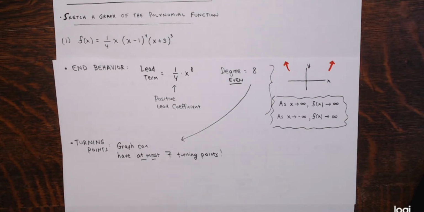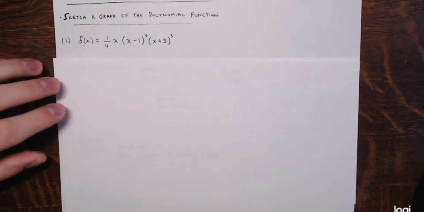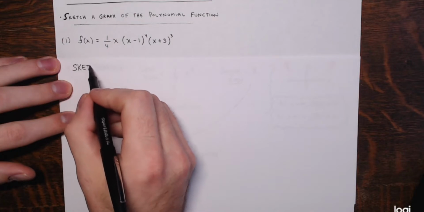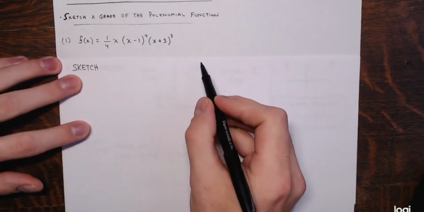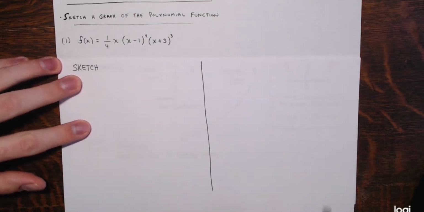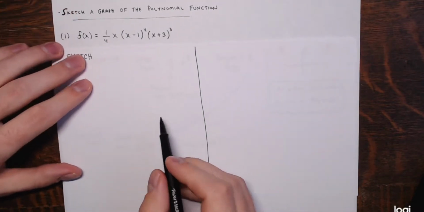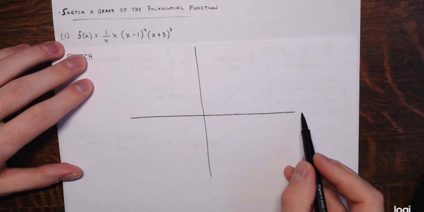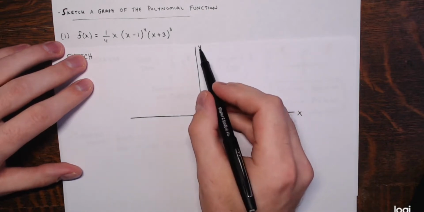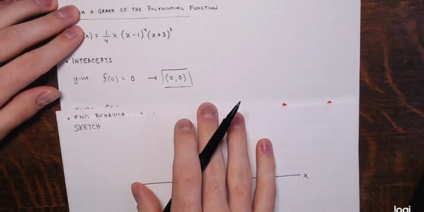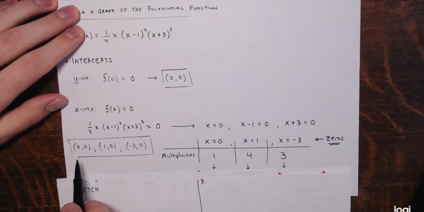Going back through the steps again. Now this is going to be a rough hand drawing here. If you have graph paper, maybe that'll be nice, but I'm just going to do it here on this solid sheet. So x and y axes. We had the intercepts. The intercepts we saw were (0, 0), (1, 0), and (negative 3, 0).